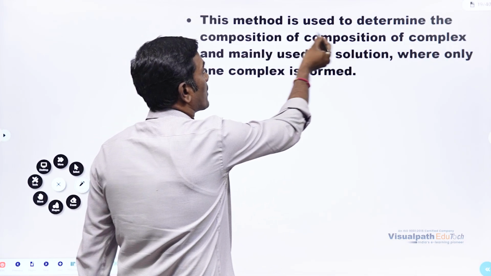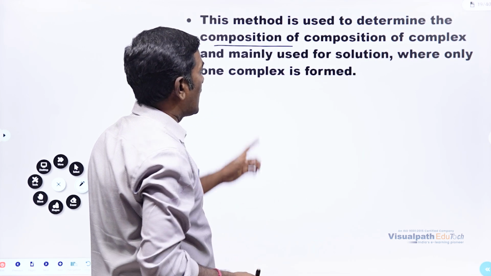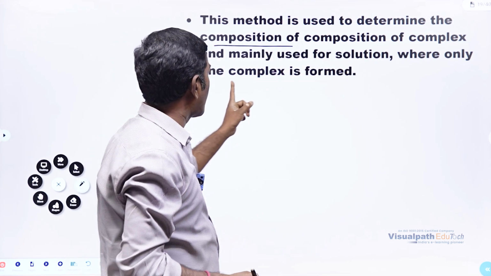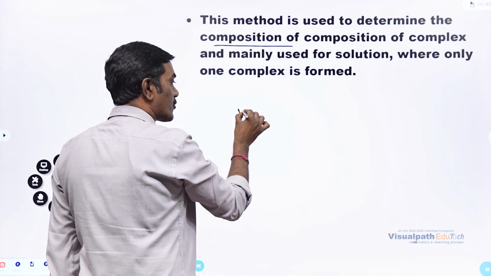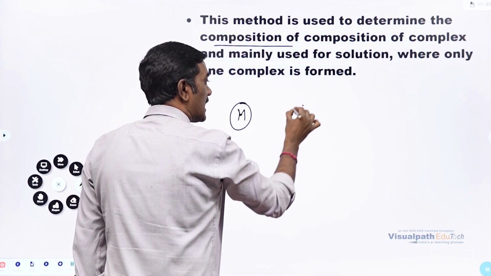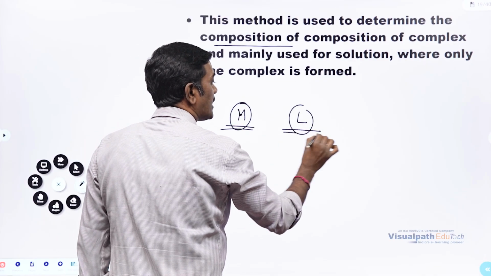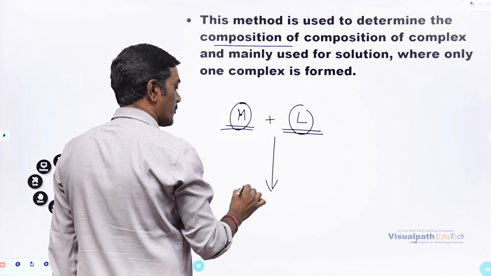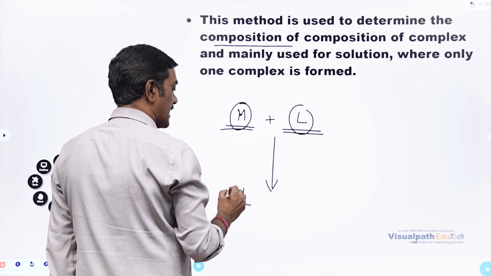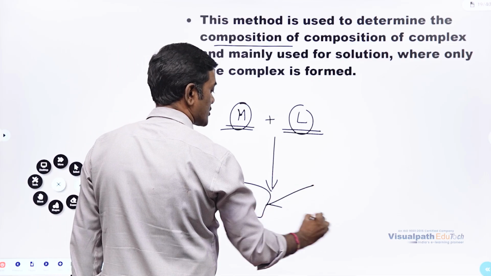This method determines the composition of the complex and is mainly used for solutions where only one complex is formed. Already we have discussed, we are going to vary metal and ligand only. We are not including any other metal or any other ligand. So it is going to give you only the composition of M and L at different ratios.